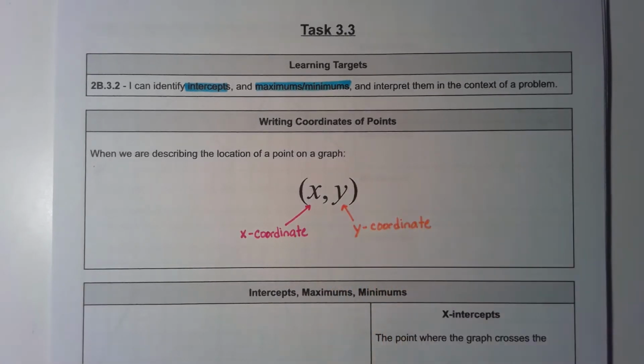I think about this usually as just being alphabetical order. If you were to say the ABCs or the XYZs at the end, you would say X first, then Y. And it's the same thing when we're listing the points on a graph. We write the X coordinate first and the Y coordinate second.